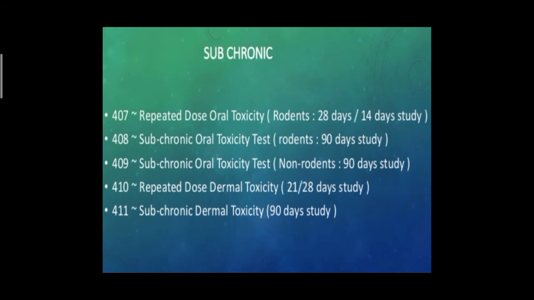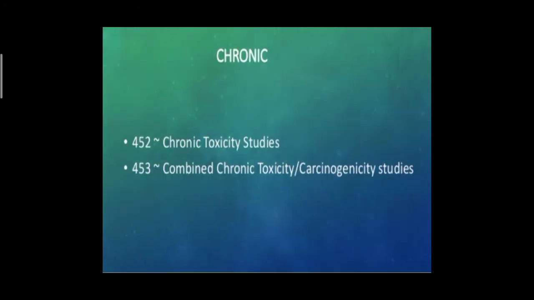Subchronic: 407, 408, 409, 410, 411. Chronic: 452, 453. So the OECD guidelines are full of material. If you want to do chronic toxicity studies, directly move to the 452 guideline and check the procedure.